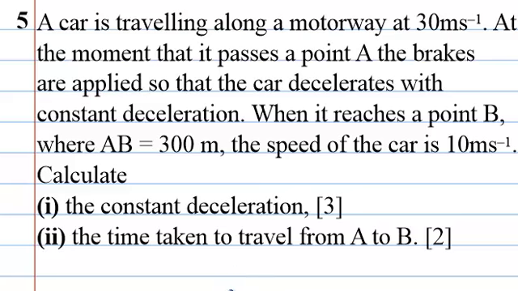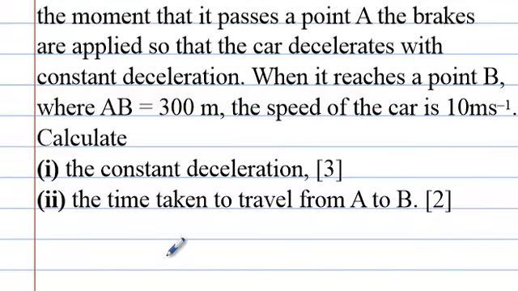Question 5, for this car travelling along the motorway, brakes are applied, car decelerates, calculate the constant deceleration. So for part 1, we start by labelling the bits of information we have. We're told that it's initially travelling at 30 meters per second. So the value of u is 30 meters per second.